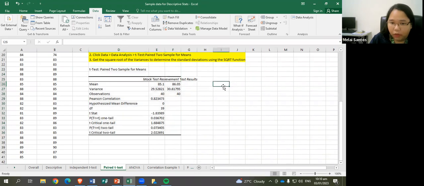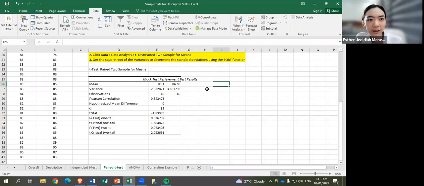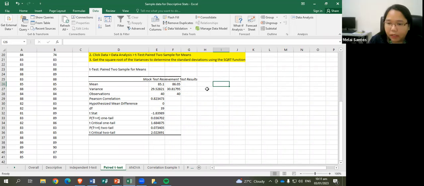Same thing. If we need to get the standard deviation, what do we do? The standard deviation, if it's there, it's just there. But if it's only in the table already, we have to use the square root function.